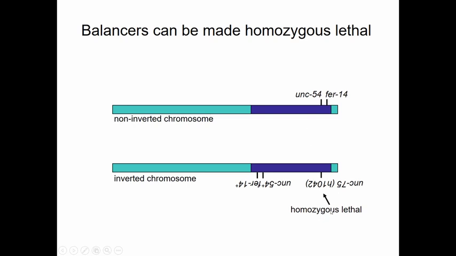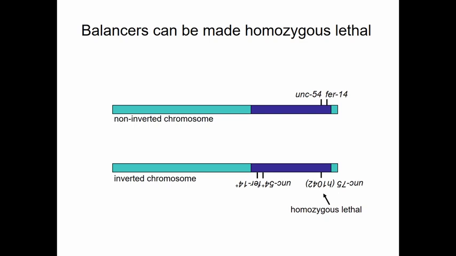The thing that I've added down here is that the inversion chromosome has another allele that is lethal. Yes, it is a UNC gene, so some alleles of UNC75 are paralyzed because they just have point mutations in them, and the protein can still work a little bit.